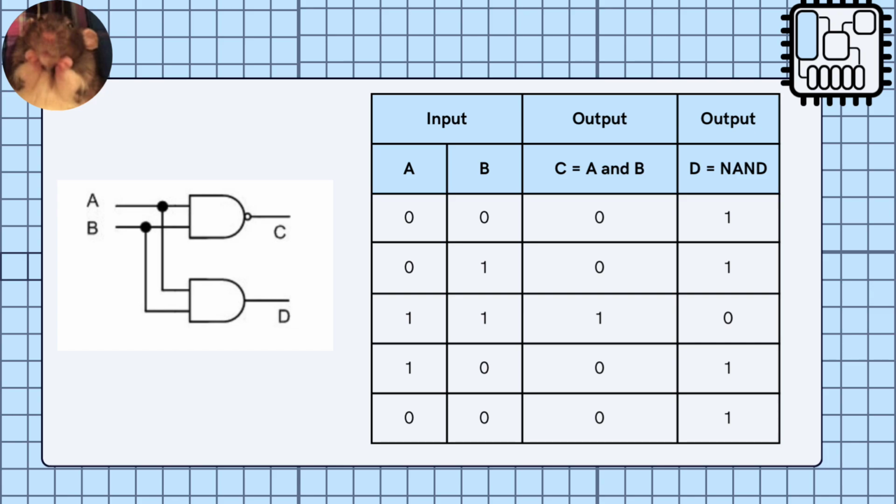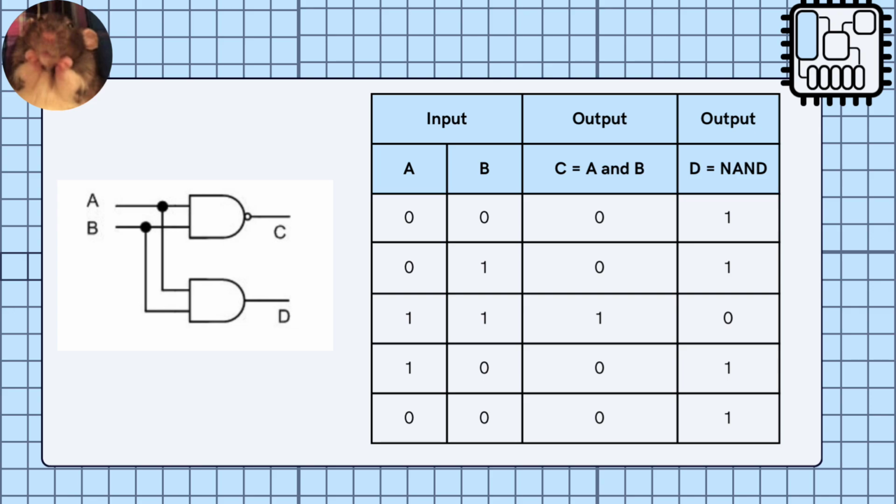Another example is the input of A is 1, the input of B is 1. Since both of the inputs are 1, the output of C is 1. Hence, the value of output D is 0 because it is opposite to the output C. Next, the input of value A is 1, value B is 0, output of C is 0, and output of D is 1.